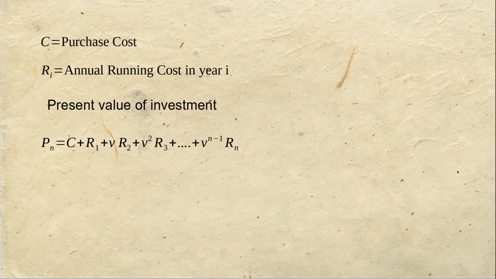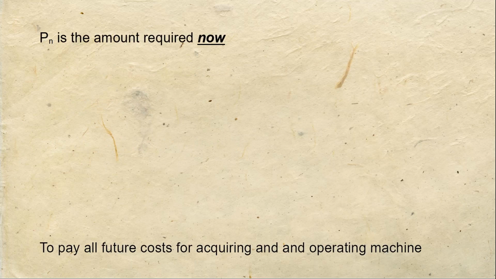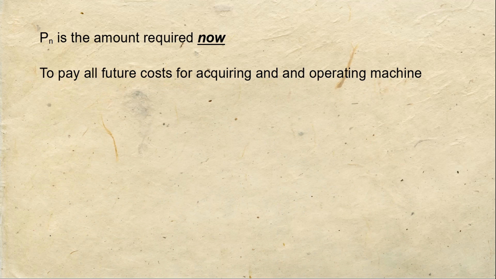R3 is the annual running cost in year 3. So Pn is the total amount I should be having today. So it is the amount that I require now to pay for all the future costs of acquiring and operating the machine, assuming that the replacement is in n years.